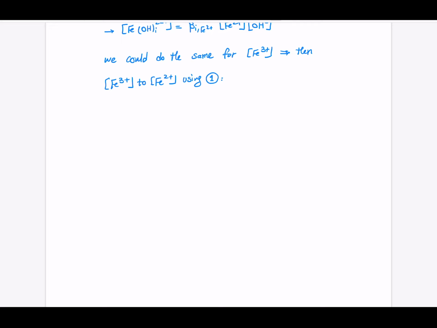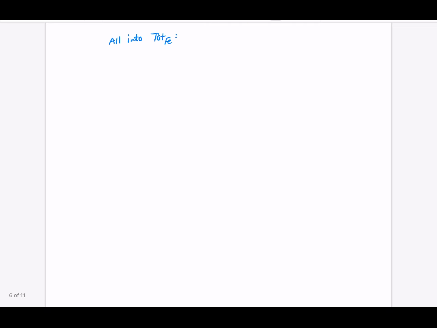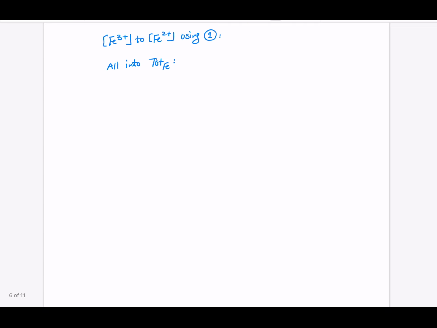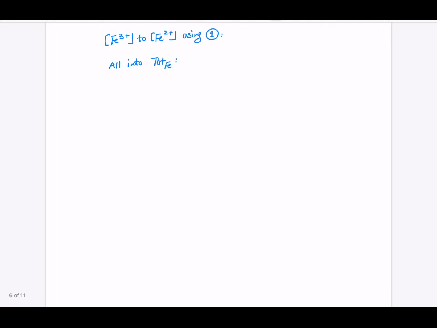So if we do that and then combine everything together, it would all go into total Fe, and then we would get something like this. Fe2+ itself, then Fe3+ in the form of Fe2+.